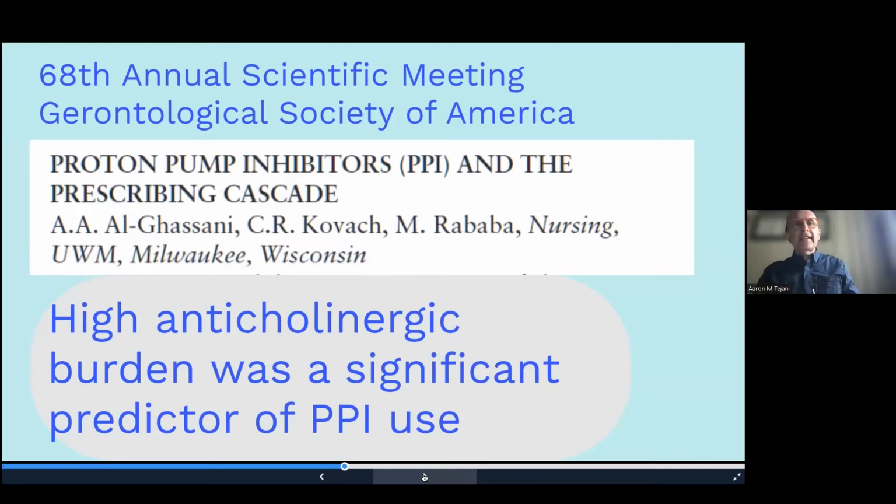It supports the idea that a known adverse effect of anticholinergic drugs is dyspepsia. Antidepressants, many of them happen to be anticholinergic, and this signals that there may be something to why we're starting PPIs. It's because of their anticholinergic burden. If you're not familiar with the ACB score, if you Google ACB score, it's a website that allows you to type in the first few letters of a drug name, and it'll tell you whether that drug has anticholinergic properties.